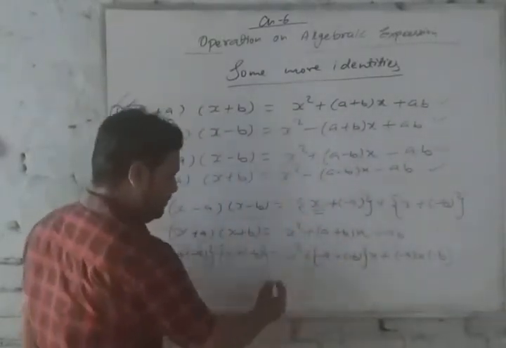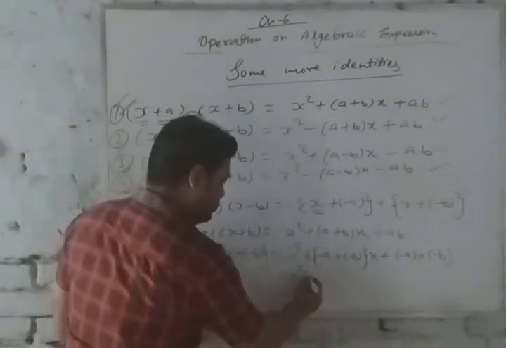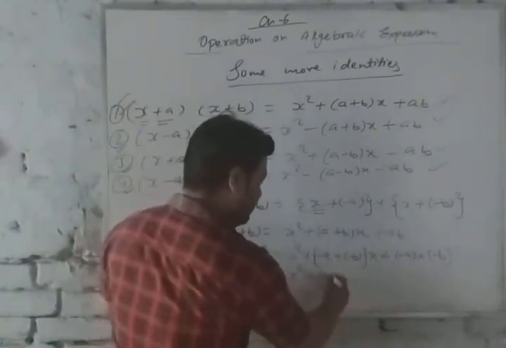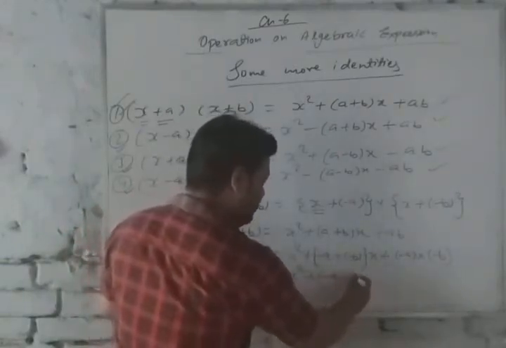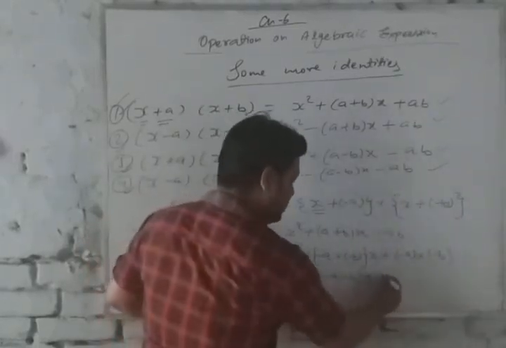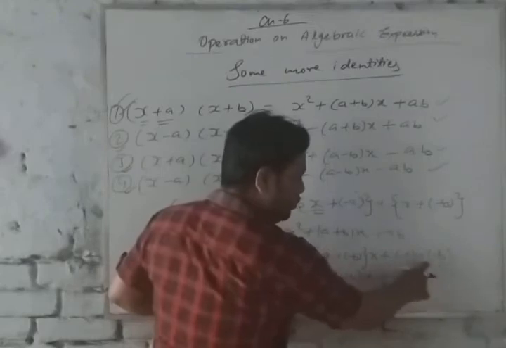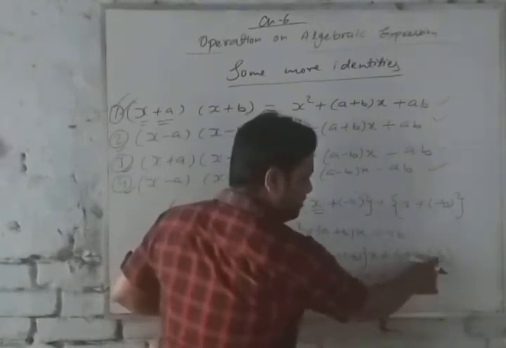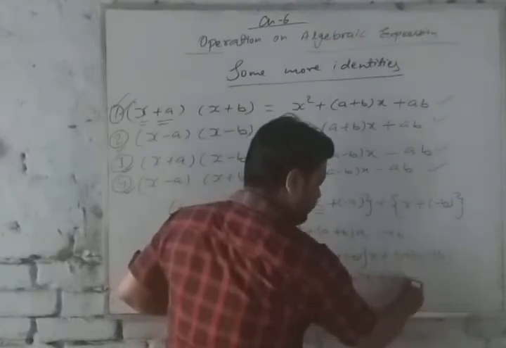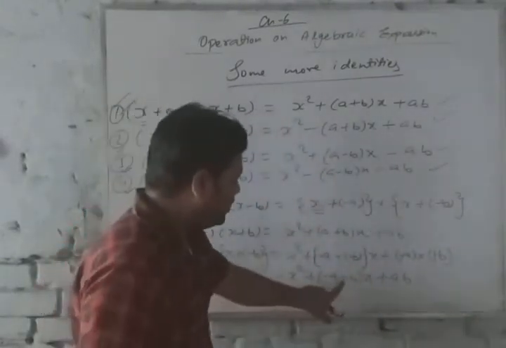Now solve it. x square plus. Here the value is minus a plus minus b. Okay. Now remove the middle bracket. Outside x plus. Here both are in multiplication, so minus times minus cancels out, leaving a into b only. Now both have minus sign.